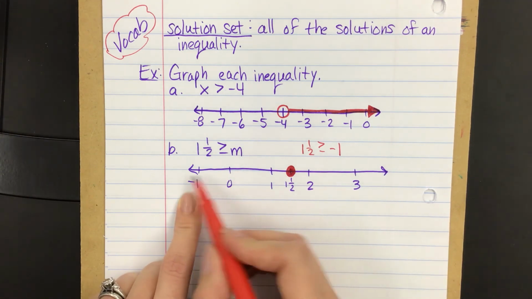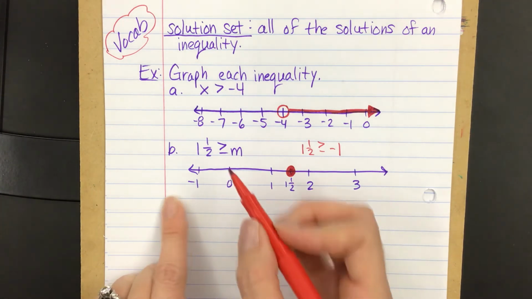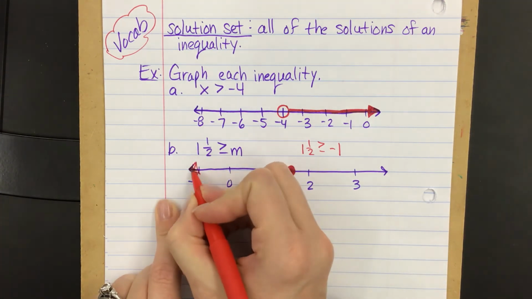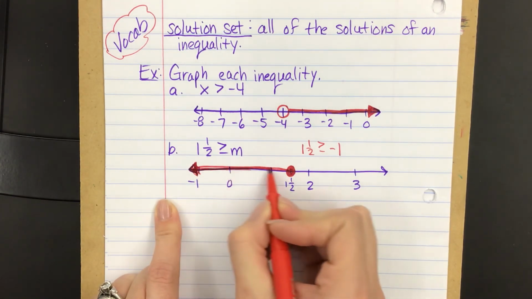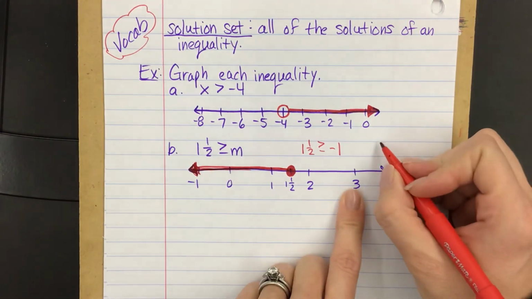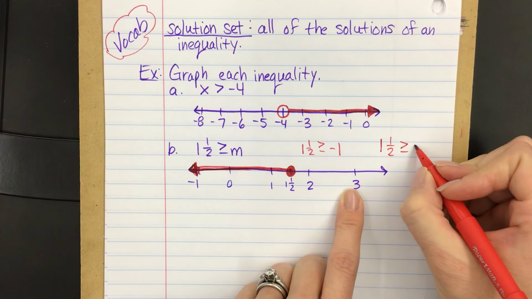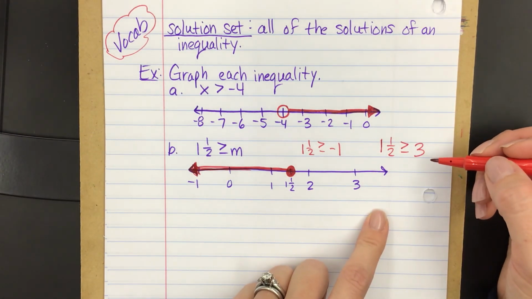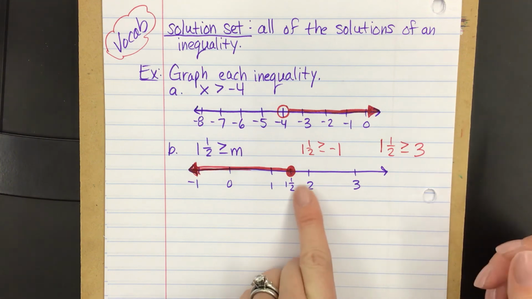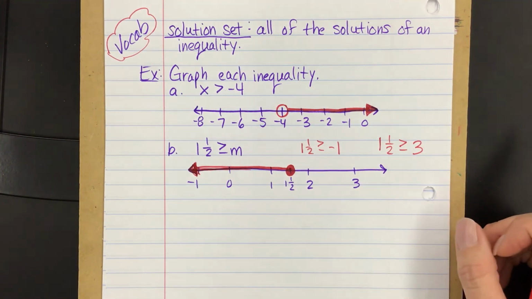So that means I'm going to be shading the left side of my circle here. Now, what would happen if it was not true? If I had plugged in 3 here, 1.5 is greater than or equal to 3. Is this true? No. So if it's not true, then that is not the side you're going to be shading. Does that make sense?